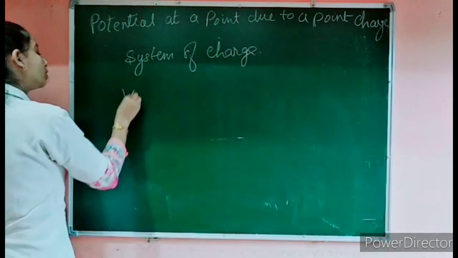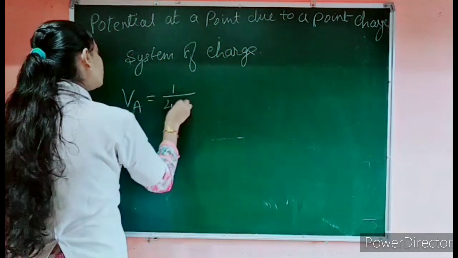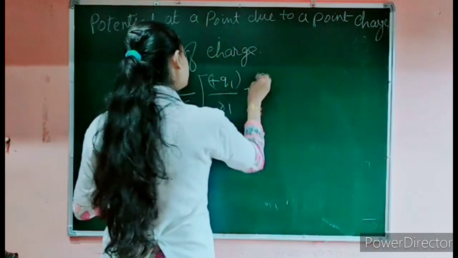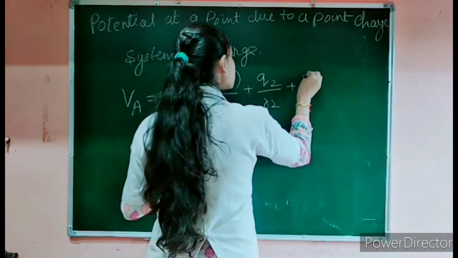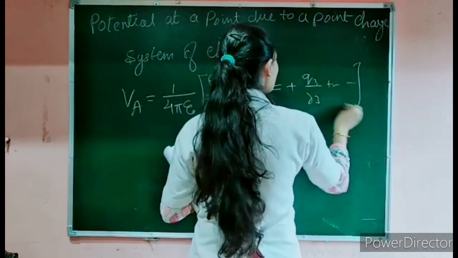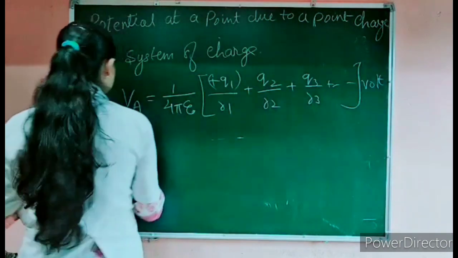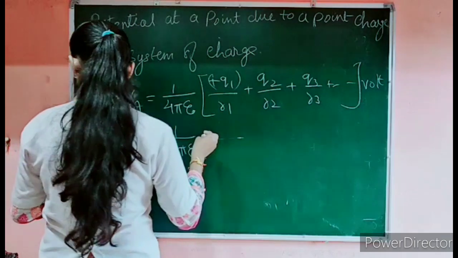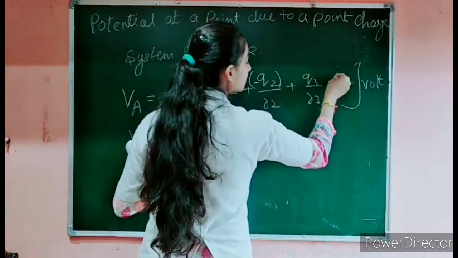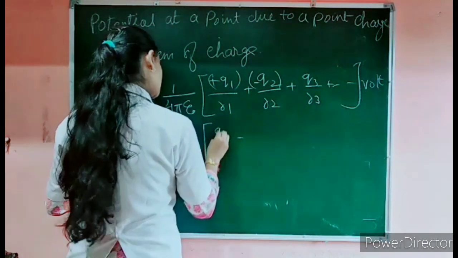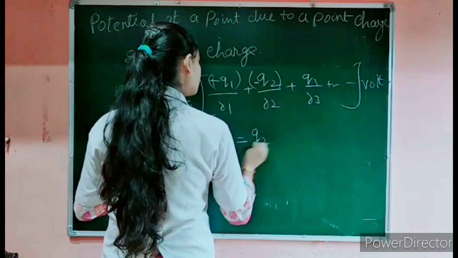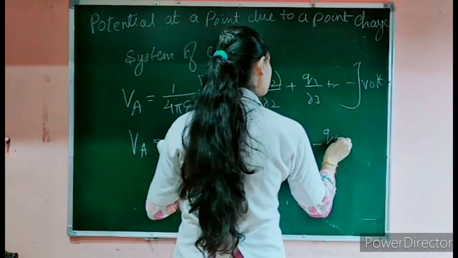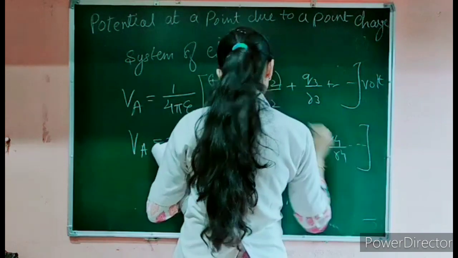Then the potential will be equal to 1 upon 4 pi epsilon 0 into Q1 upon R1 plus Q2 upon R2 plus Q3 upon R3 and so on, in volts. Then if the charges have different signs, the potential will be equal to 1 upon 4 pi epsilon 0 into Q1 upon R1 minus Q2 upon R2 plus Q3 upon R3 minus Q4 upon R4 and so on.